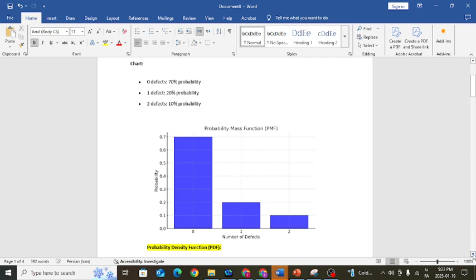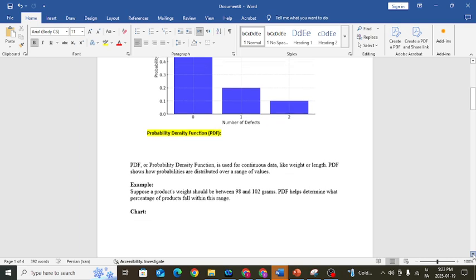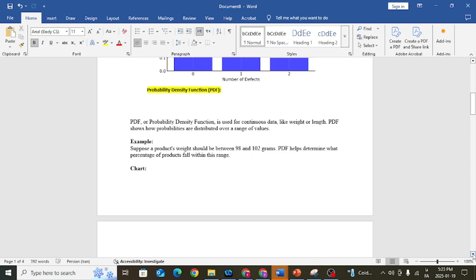One more thing is the probability density function. I mean that the PDF, or probability density function, is used for continuous data. I said that it is like weight or length or height, or anything that is continuous data.